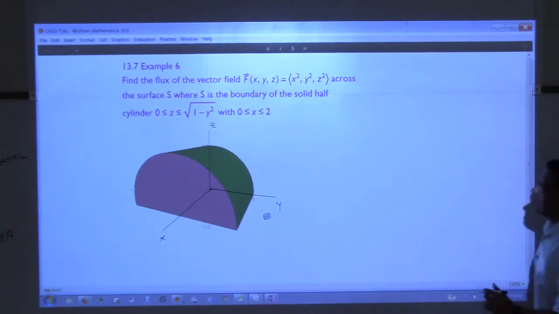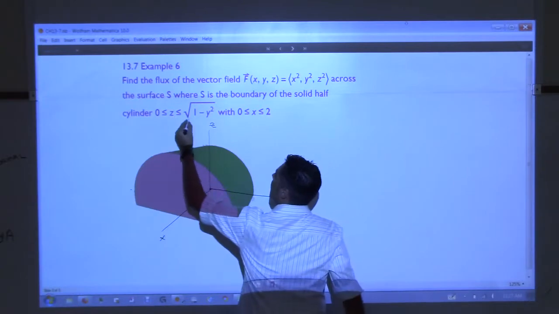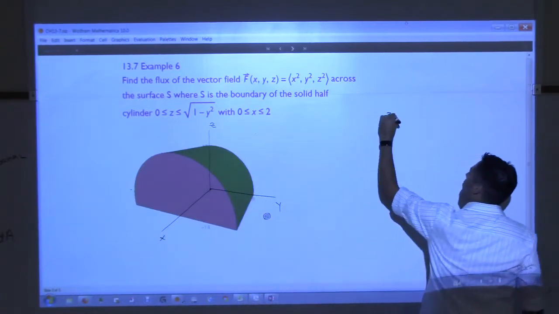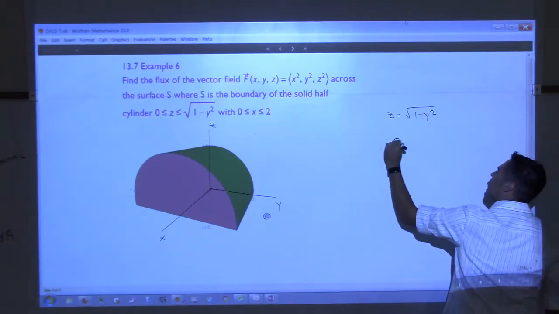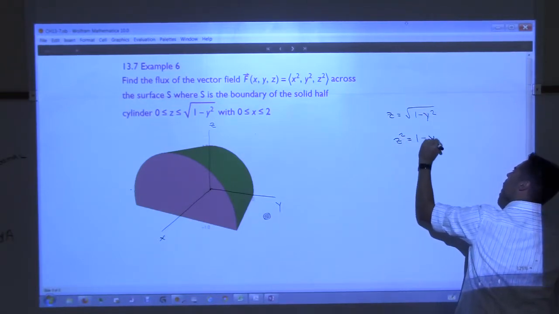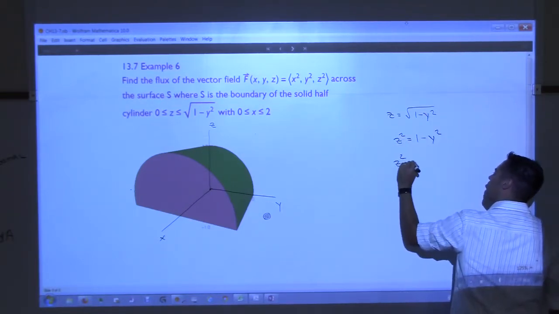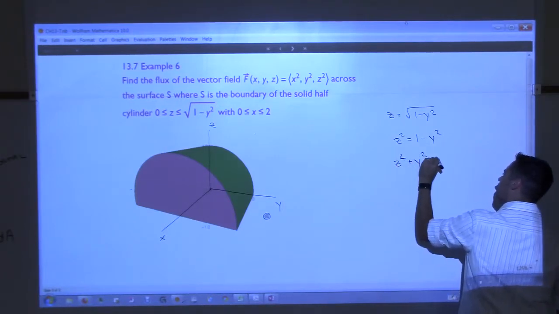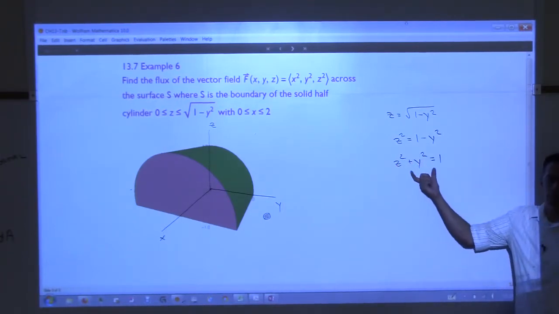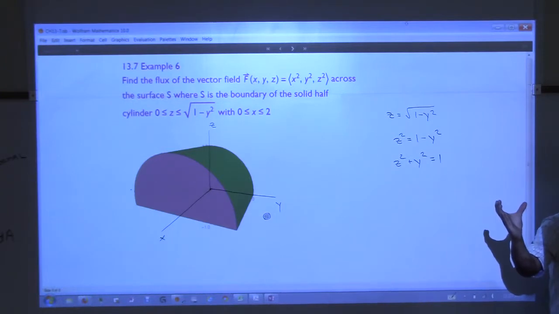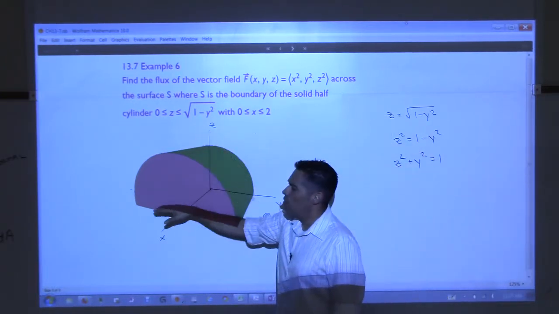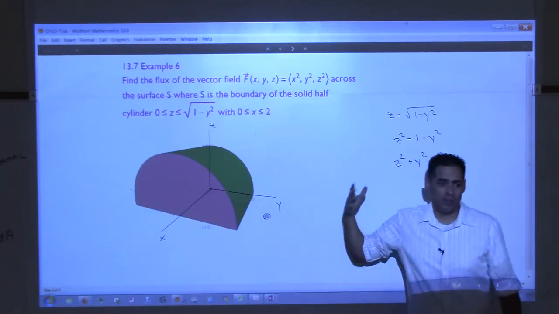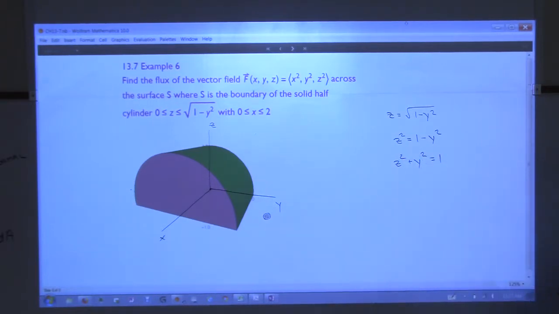And you can kind of see that from this inequality right here. If you were to turn it into an equation instead of an inequality, square both sides, and then move the y over, this is your cylinder of radius 1 coming out the x-axis, right? But because we are algebraically writing it like this, it's only the positive z values, so you don't get the bottom half of it.